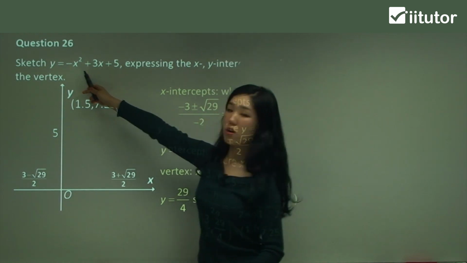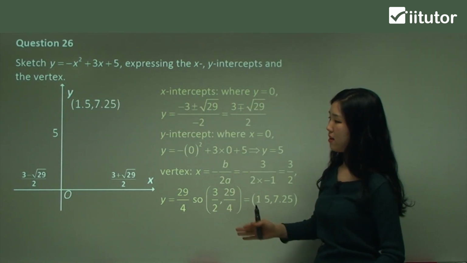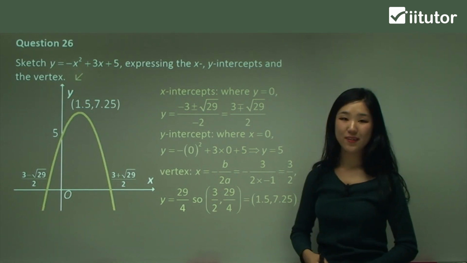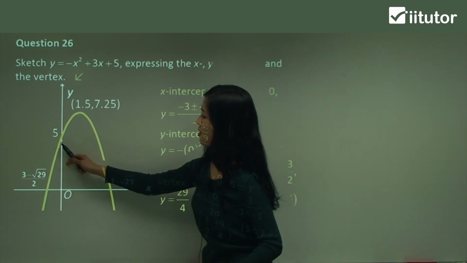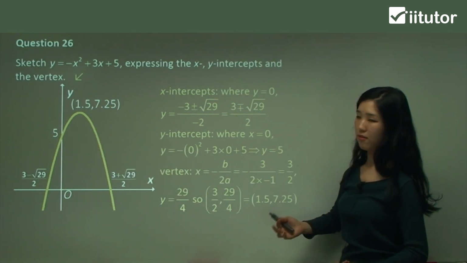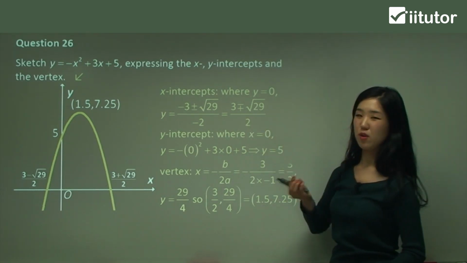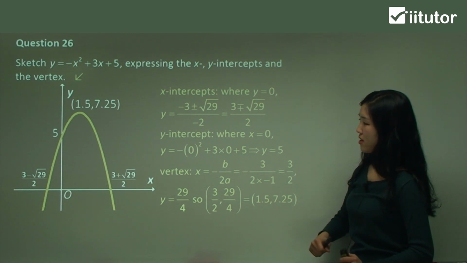So as soon as you see the coefficient of x squared is negative, it's going to be upside down like that. Okay, can you see that? So it's passing through the x-intercepts, the y-intercept, and the vertex. So it's going to be like that. Very simple, but this bit is probably a little bit annoying, so just beware. Have a look at that, and let's move on to the next question.